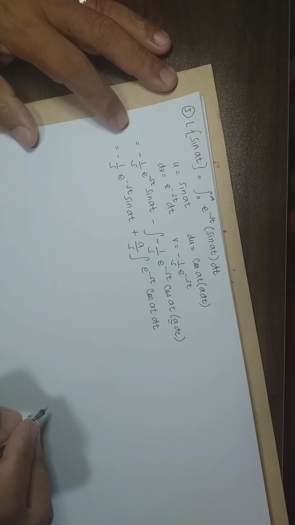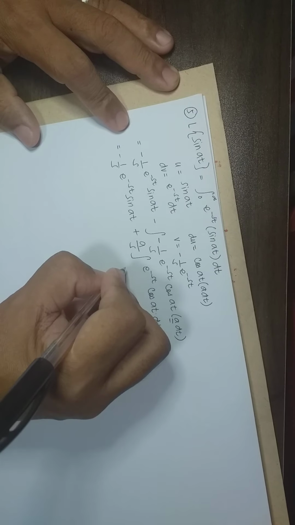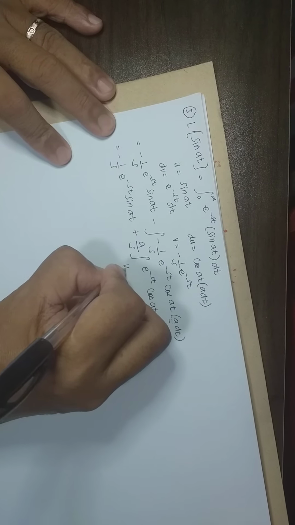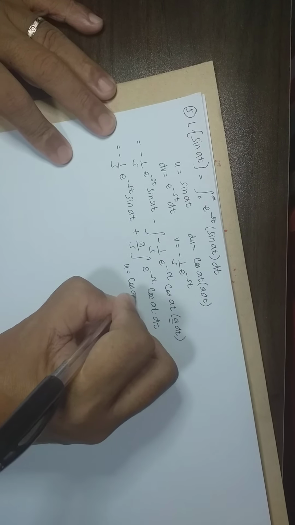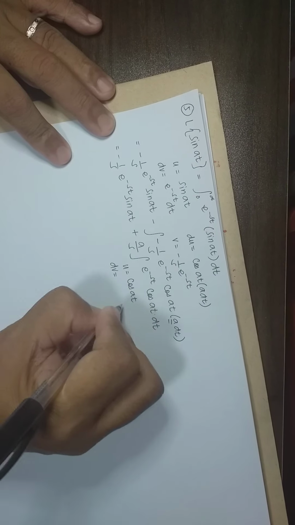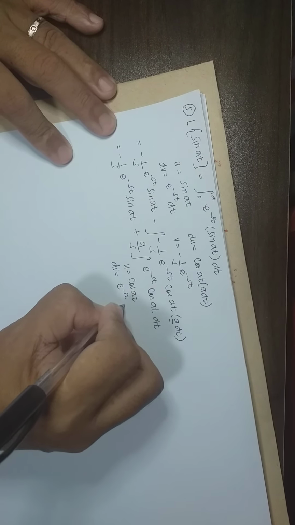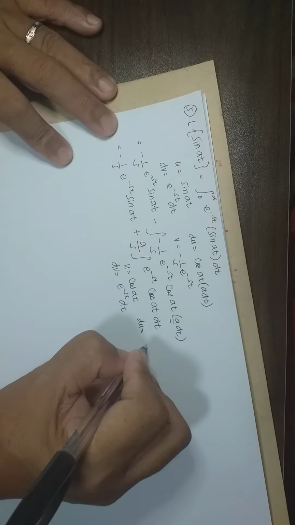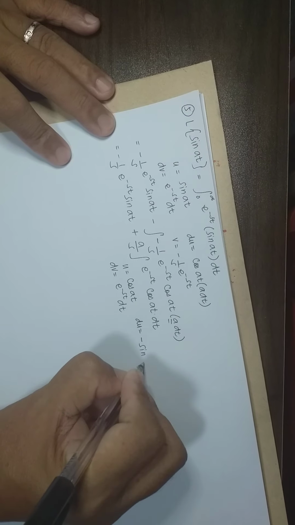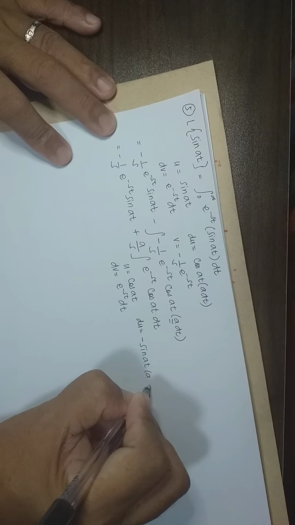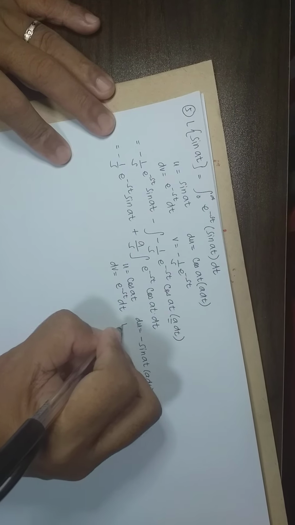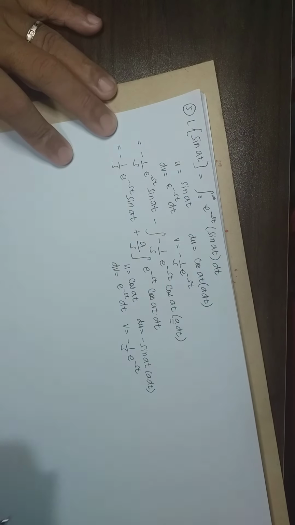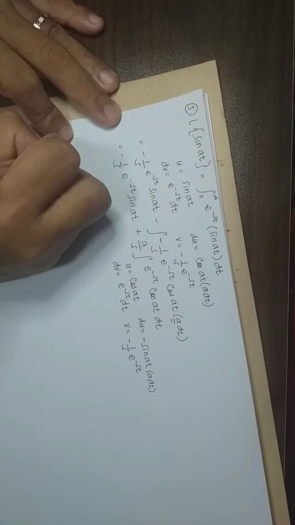Okay? So again, in here, we have your u be equal to cosine at, your dv be equal to e to the negative st dt, your du is negative sine at a dt, and your v is negative 1 over s e to the negative st. Okay, rewriting all.